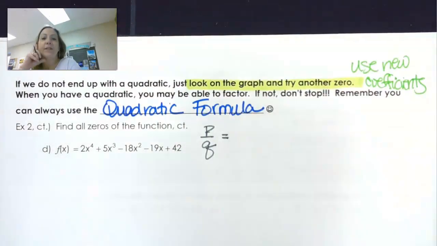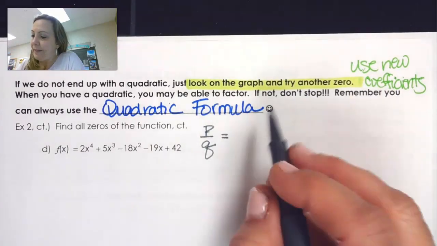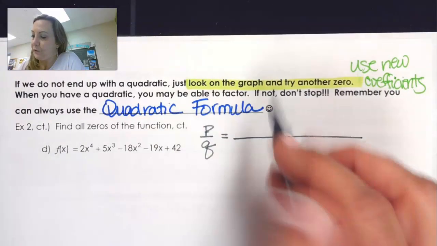And when we have a question like this, we don't have to simplify everything that we're doing, but we can just think about what we would have. So I'm going to think about my factors of 42.